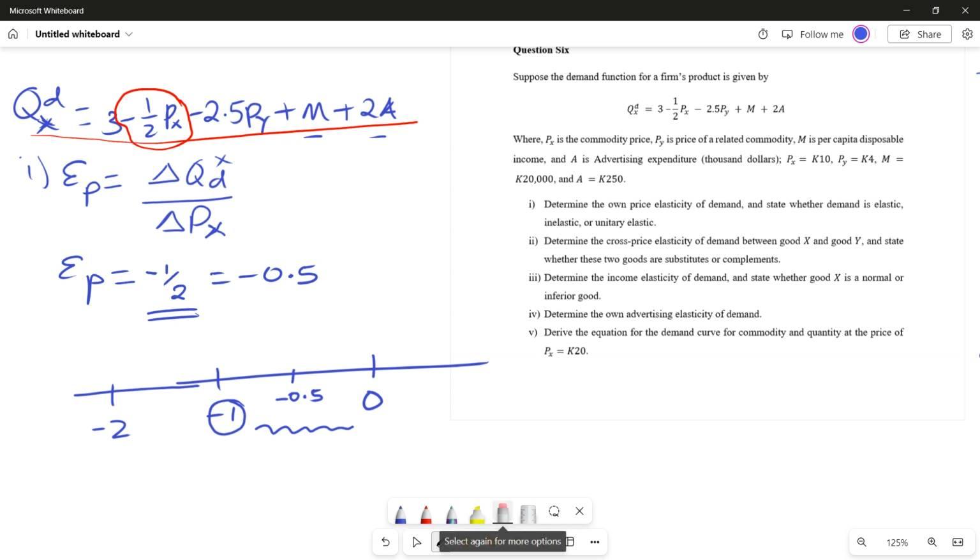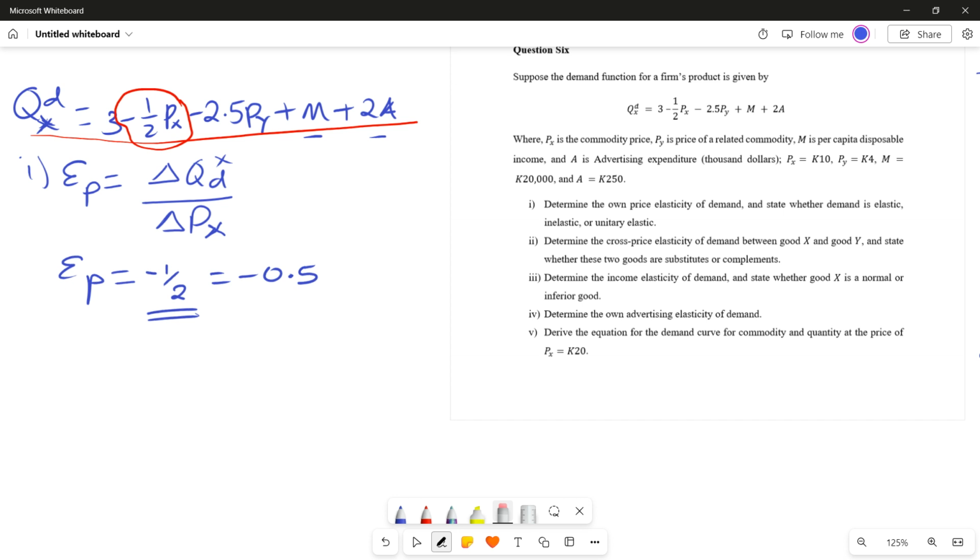All right, how is that? Okay. All right, so in this case the conclusion will be that since our value is lying between 0 and -1, then demand is inelastic.